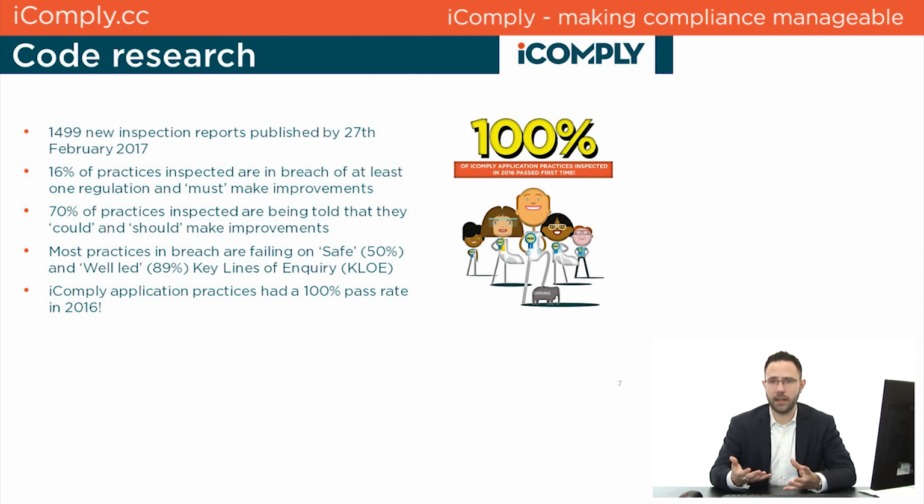Whereas if you're nice to the inspector and you're well led and something has genuinely slipped, they seem to go on the other side. So just a small tip there. Most practices that are failing are failing because they're not well led. So that's part of what we'll look at today. There are 5 top reasons practices are failing, but generally it all stems from a lack of governance and a lack of leadership, which with iComply and following the code system, I think most of you will have.